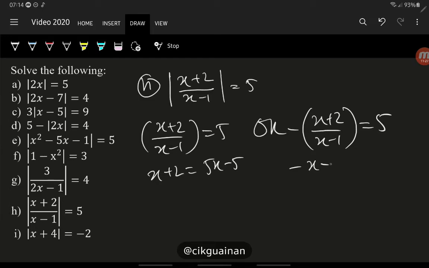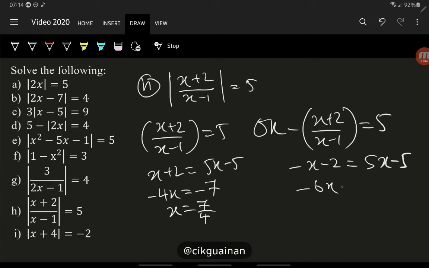This one minus x minus 2, I expand the negative in the numerator, and then I multiply 5 by x minus 1. Okay, now we can solve it. So minus 4x equals minus 7. So x is 7 over 4. Okay, so this one is minus 6x, and then we get minus 3. x is basically 1 over 2. Okay, so these are the answers for H.